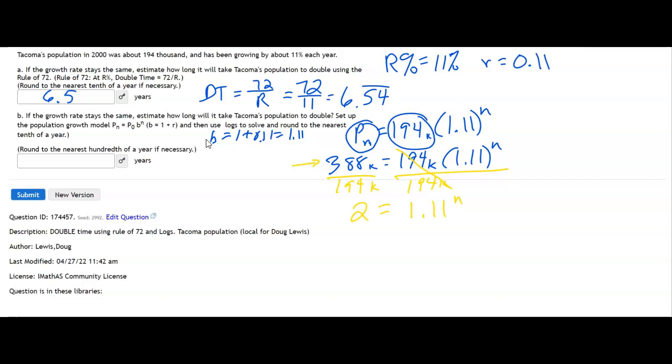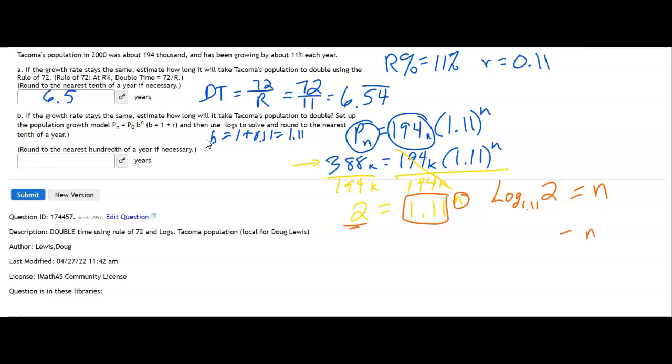Now the solution to this, if we use logarithms, there are different methods of using logarithms, and a more traditional method is to take logs of both sides. But the definition of a logarithm says that if this is the base of the power, then the log base 1.11 of 2, this number, is equal to the exponent n. The exponent is always going to be equal to the log with this base of this number.